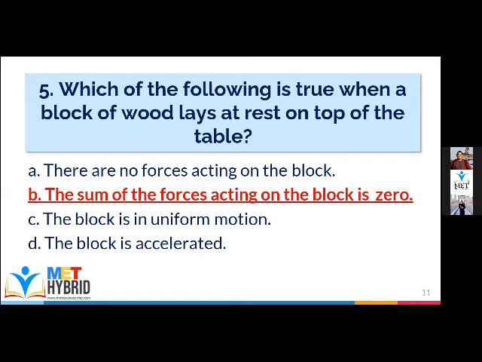The second force here is the normal force that is exerted by the surface of the table, to support the weight of your wood. So basically, these are the two forces acting on your block: gravitational force and normal force.